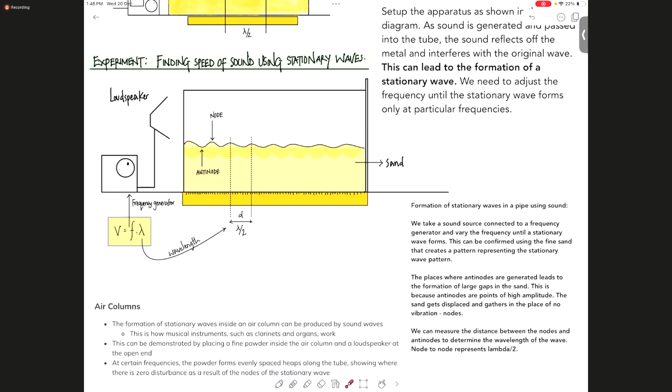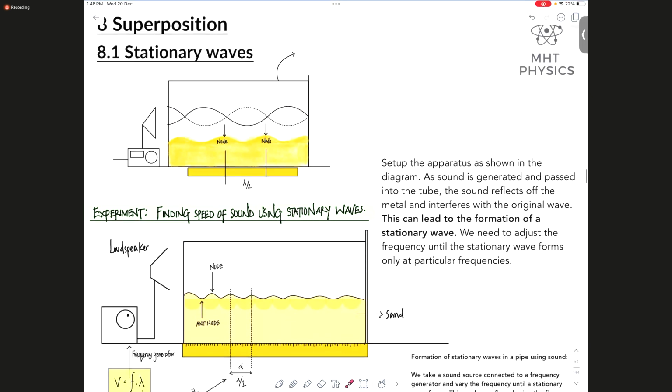We can measure the distance between nodes and antinodes to determine the wavelength. Node to node represents lambda by 2. So yeah, that is what this is.